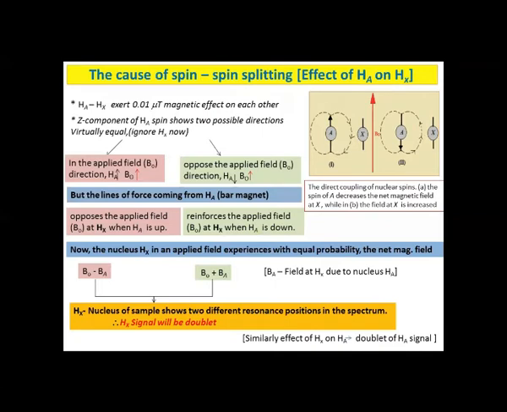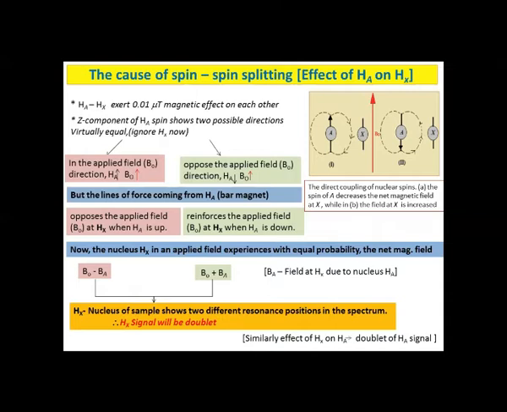Here the slide explains the cause of the spin-spin splitting, for which we are taking two protons, HA and HX, and we will be discussing the effect of the HA spin on the spins of the HX and how the splitting occurs.